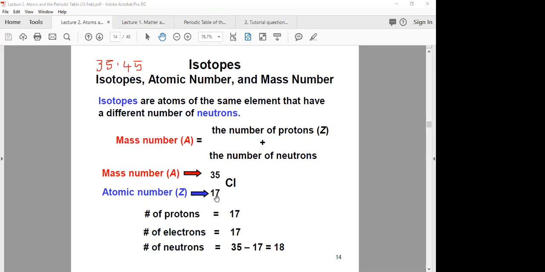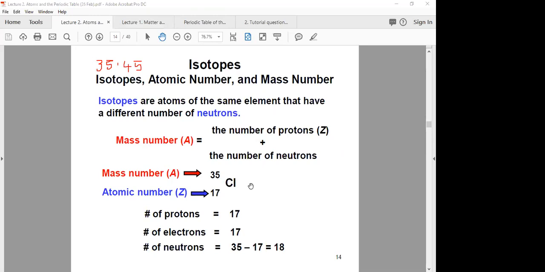Here's the atomic number. So remember, chlorine was element number 17. And this is a representation of chlorine where we place the mass number as a superscript up here and the atomic number as a subscript, and they're placed before the element symbol.